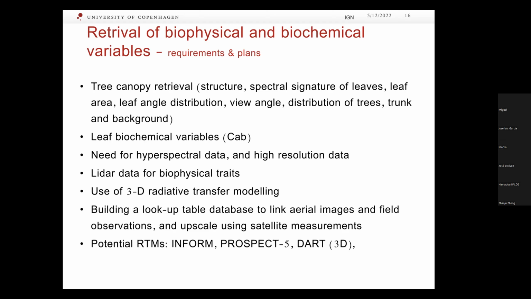If we want to go large scale, then we will use Planet data, which we already have. We are also thinking of using a 3D RTM and building a lookup table so that we can link our estimation of the traits of the trees to the simulation from the lookup table.